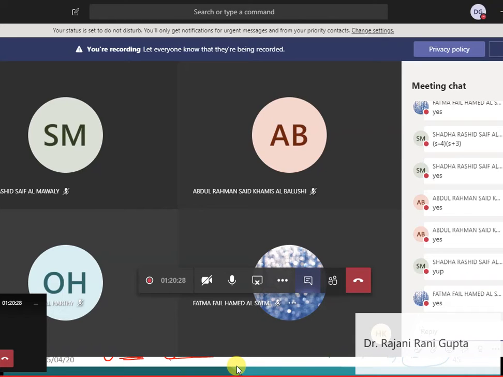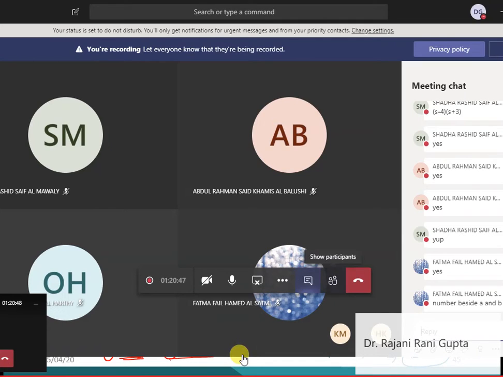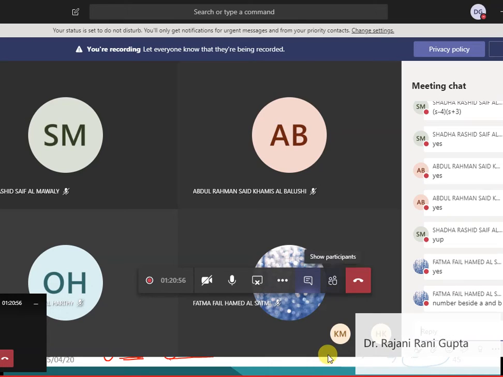Check, the answer is there in the solution itself. Number beside a and b? Okay, that may be. You are closer, but that is not always true. What about others?